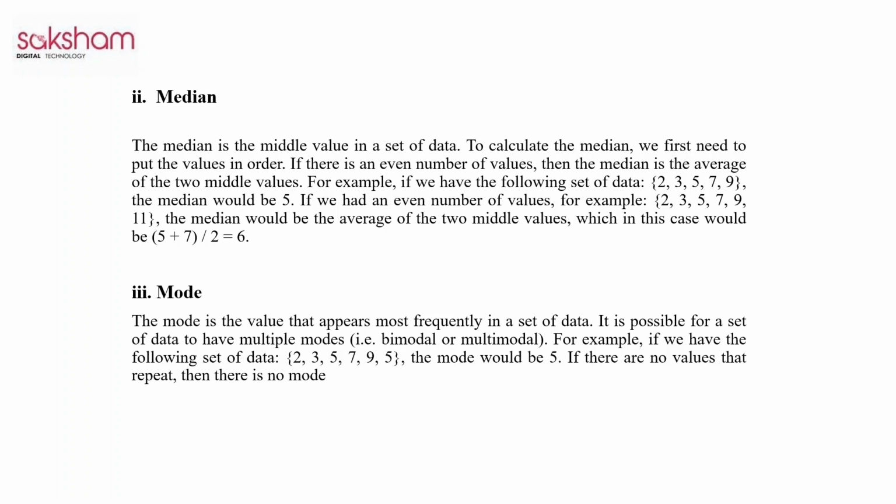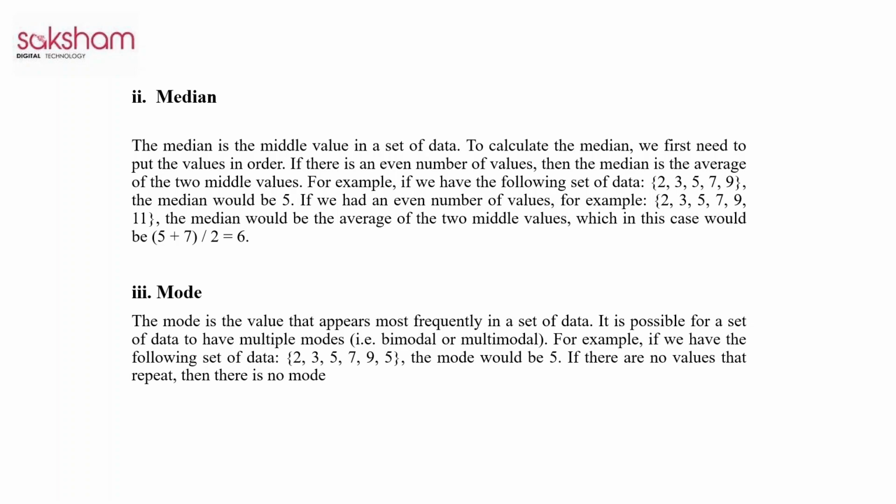So what is mode? The mode is the value that appears most frequently in a set of data. So what is the meaning of this definition? If you are finding the mode value, you can check how many times the particular value appears. It is possible for a set of data to have multiple modes, like bimodal and multimodal.